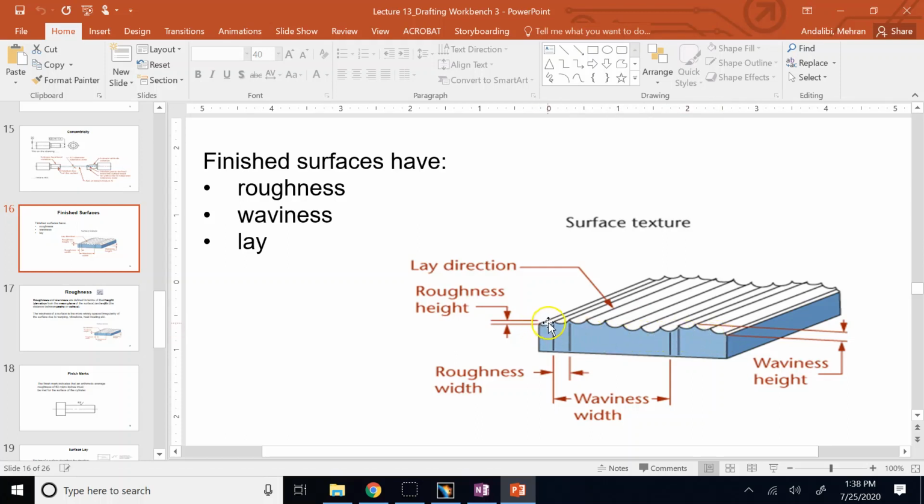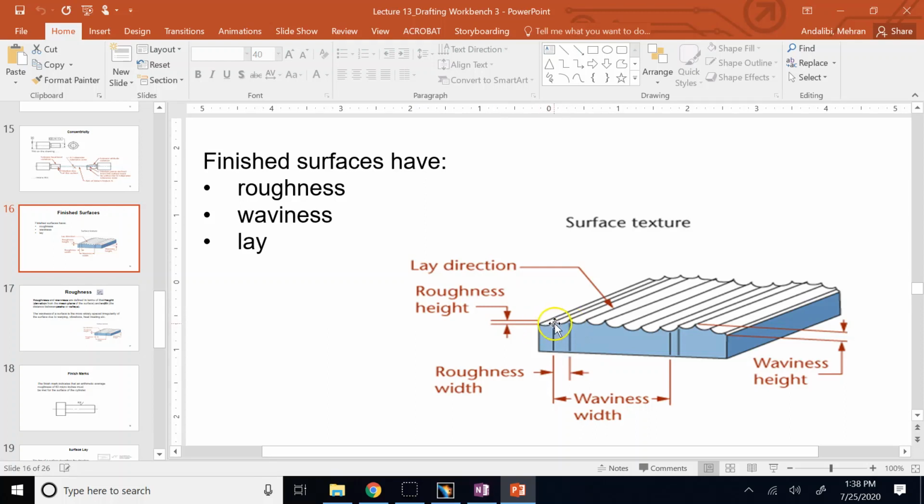If you measure each point from the lowest point of the surface, we call it roughness height. Then we have roughness width, which can be defined as the distance between one peak to the next.